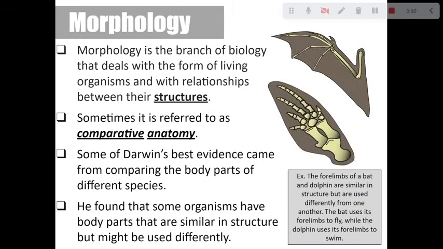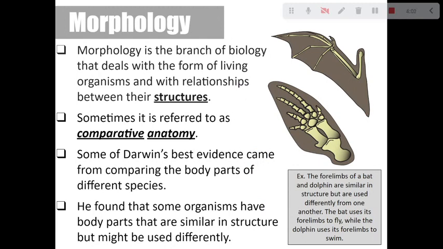Finally, let's get into morphology. So, morphology is a branch of biology that deals with the form of living organisms and with relationships between their structures. So, sometimes it is also referred to as comparative anatomy. Some of Darwin's best evidence came from comparing the body parts of different species.